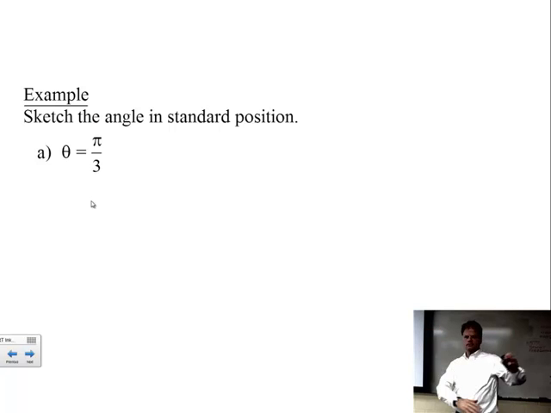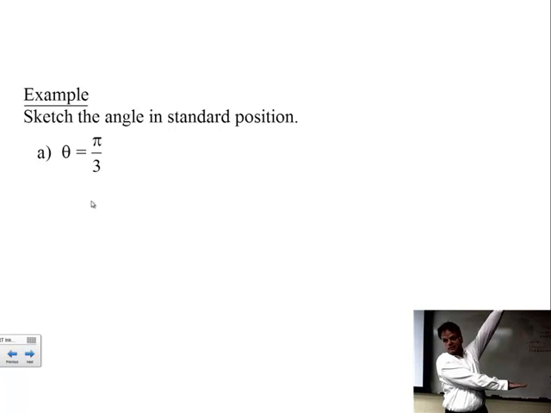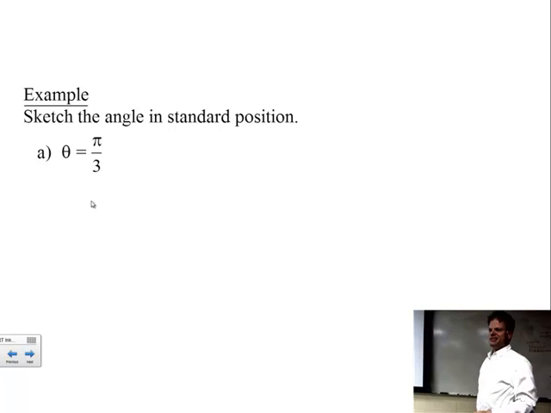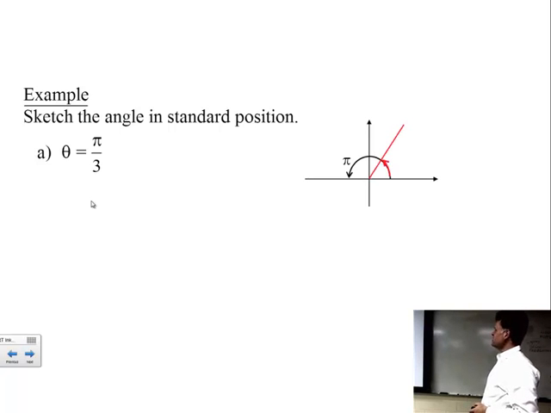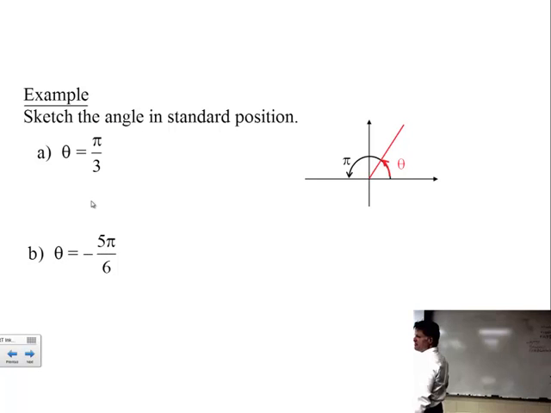It's like that. All right, so that's pi, so divide that into thirds. That's pi over 3. Minus 5 pi over 6, where's that going to be? So I'm going clockwise. Tell me when to stop. Okay, good. Yeah, that's about right.